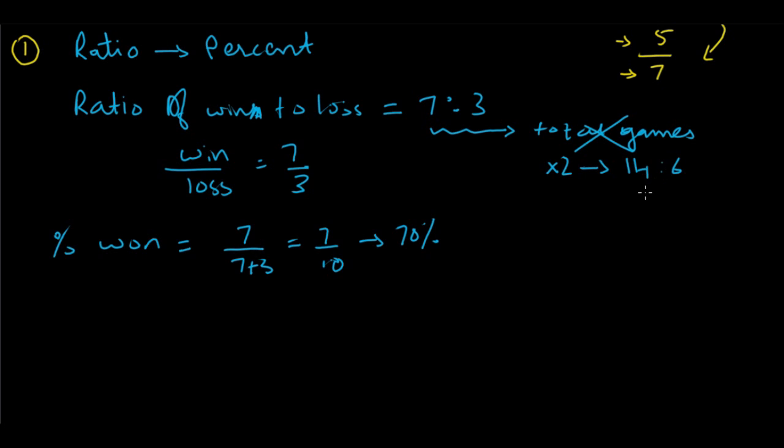So it could be 14 won games, 6 lost games. If I multiply this ratio by 5, I'll get 35 to 15. This could be the ratio too. So a ratio by itself does not give you any information about the total things that might be present.